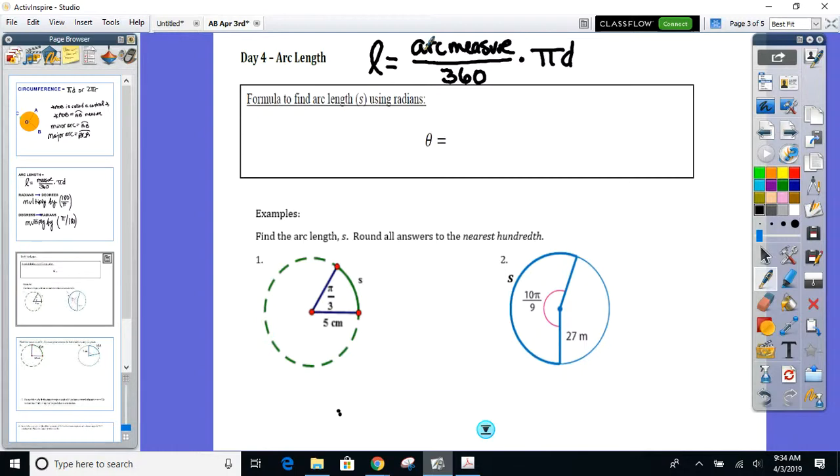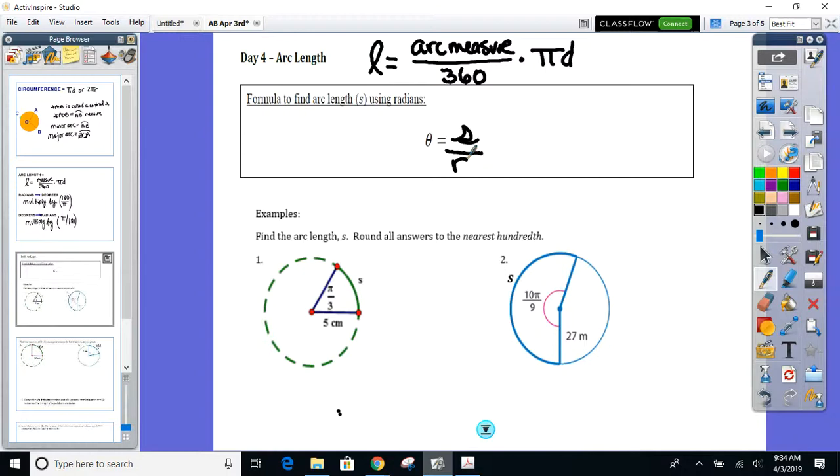I got another formula for you. I know you're excited. Here's your new formula. Theta, that's a Greek letter we may have seen a couple units ago. Theta equals S over R. What does each piece mean?